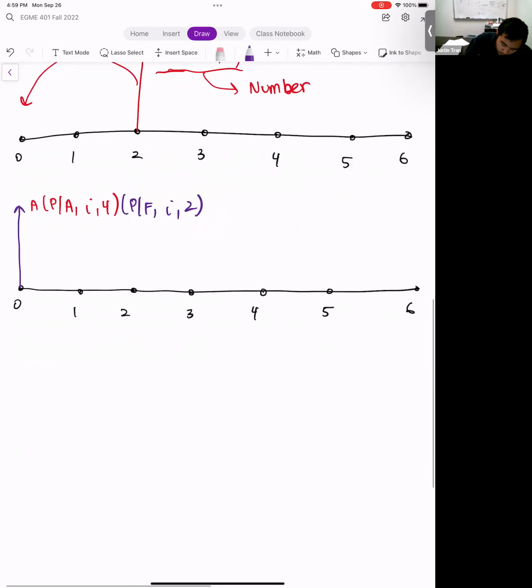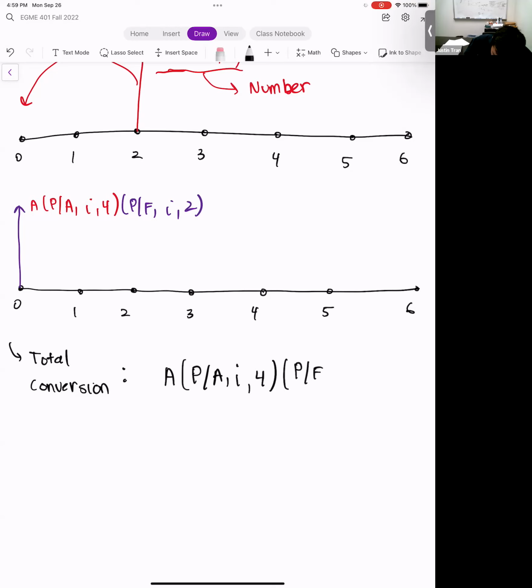And so our total conversion here is going to be A, P over A, i, 4, and then we multiply by our second one, P over F, i, and 2, okay?